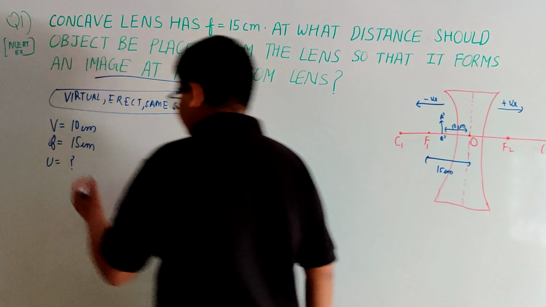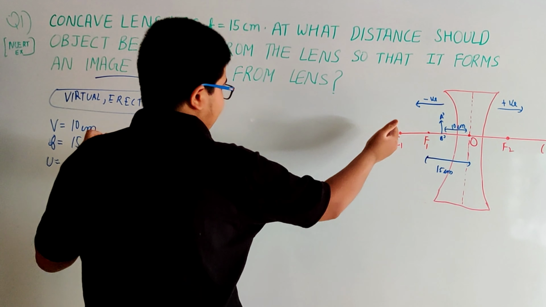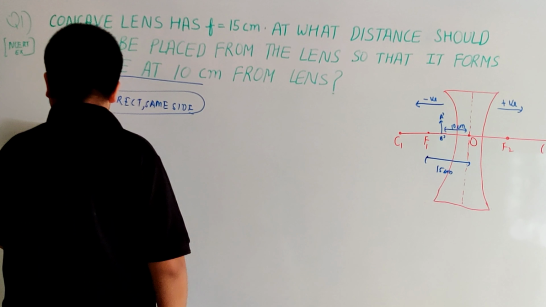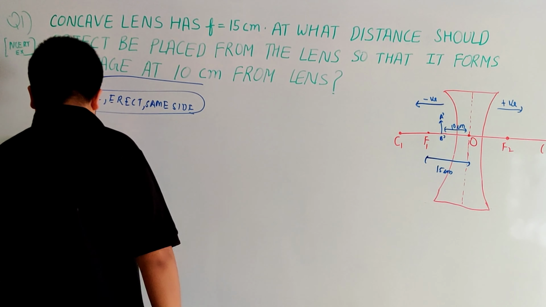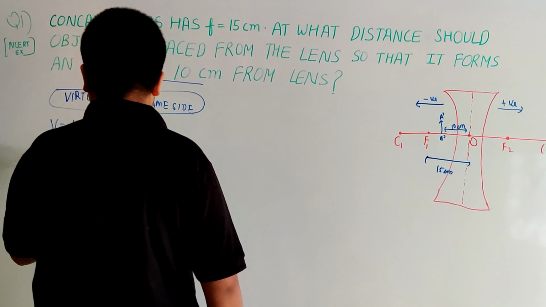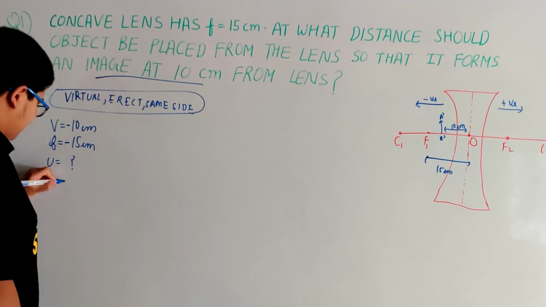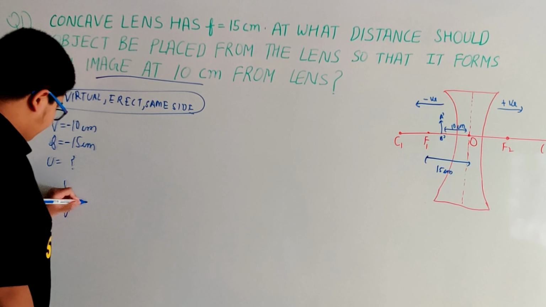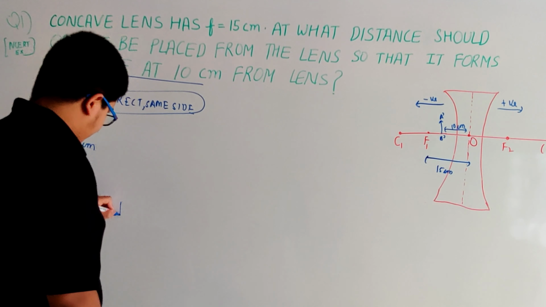So here this v, as it is on the left side, will be minus 10, and the focal length is also on the left side, so it will be minus. So both v and focal length are minus. Now applying the lens formula, we get that 1 upon v minus 1 upon u is equal to 1 upon f. Now we just have to put the values.